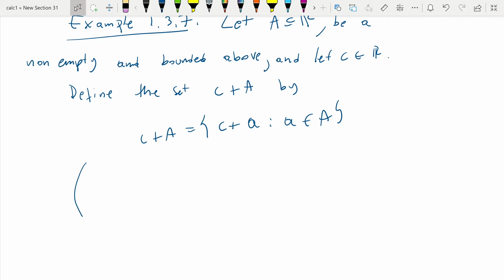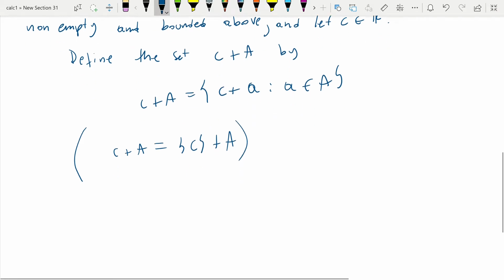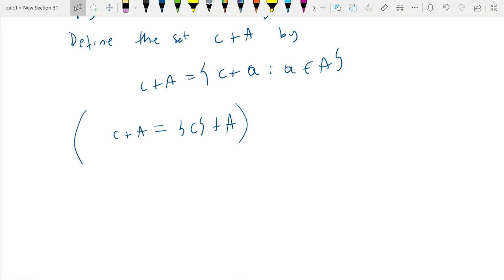The set C plus A in that definition would correspond to adding the singleton C, the set that contains only the element C, to A. So we're just adding C to every element in A, and that's the set that we have now.